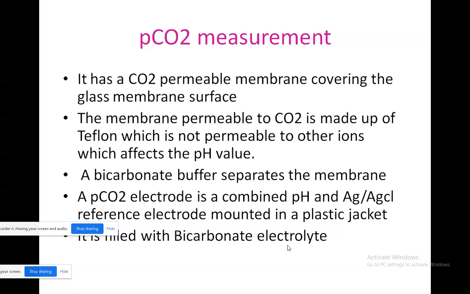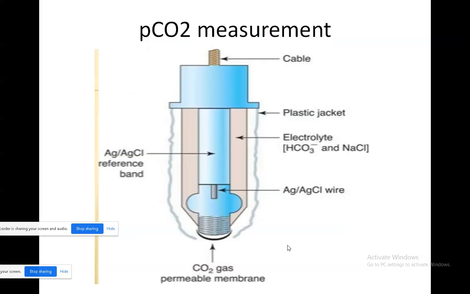The pH measurement meter has a CO2 permeable membrane covering the glass membrane surface. At the bottom, you can see a membrane, which acts as a permeable membrane for CO2. It permits only CO2 gas.